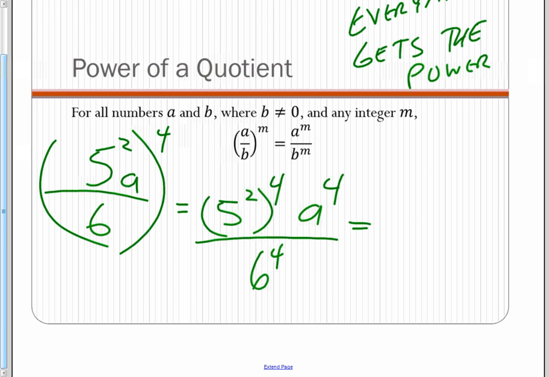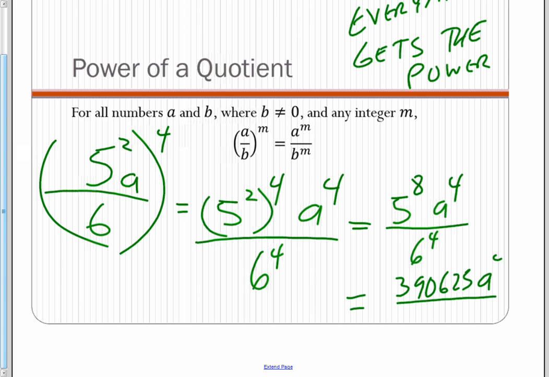What do you do with a power on top of a power? That's 5 to the 8, 6 to the 4. Can you do 5 to the 8 on your calculator? If you can do the problem with the numbers that are in front of you, simplify. This is 390,625, A to the 4.